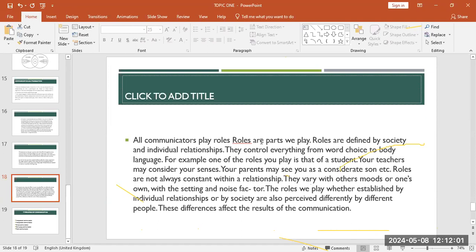When you go home, your role is a parent, or your role is a son to your mother and father. So based on our roles, we communicate differently. Like I'm a parent, I communicate to my children differently from when I am teaching. Serious issues require seriousness. I hope I've communicated.